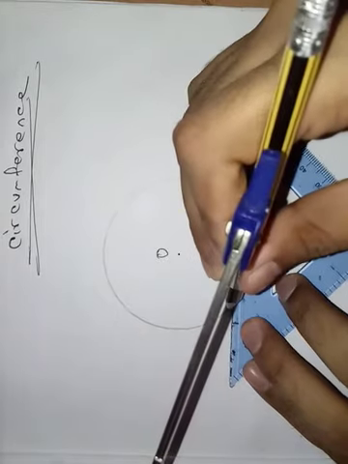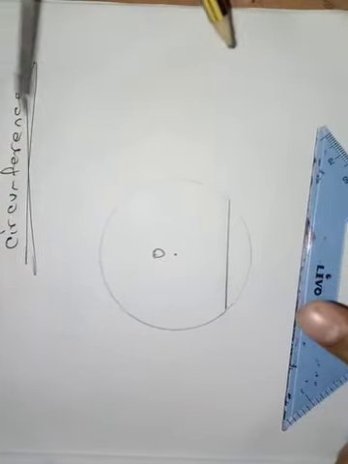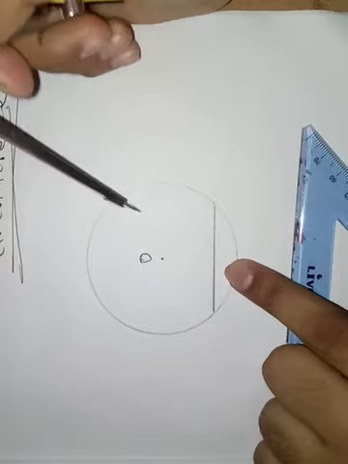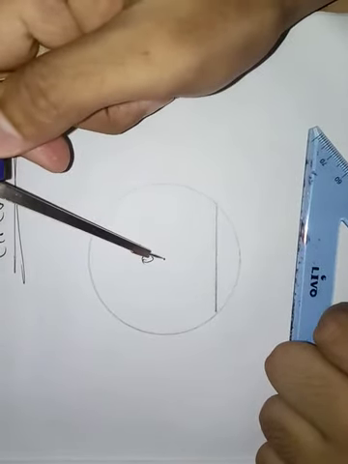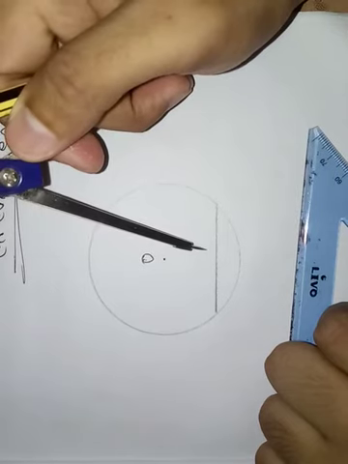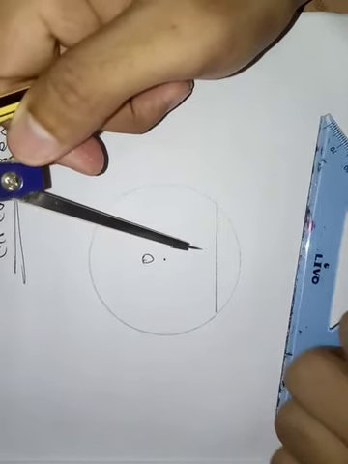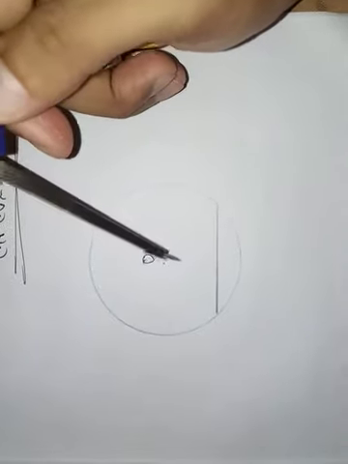This is our chord. See, this chord isn't going through the center, so it's only a chord. It's not a diameter.